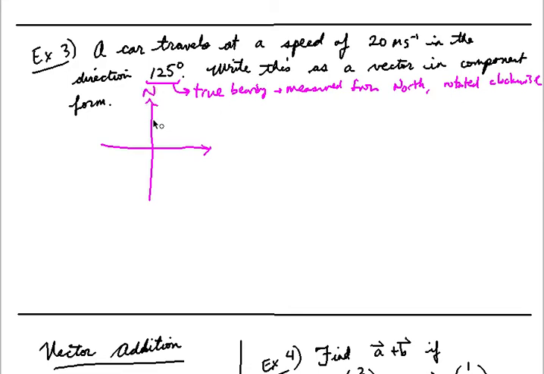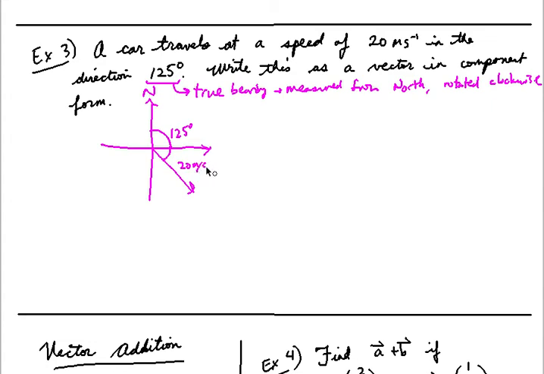Okay, so I'm going to start from north and rotate to 125 degrees. So I'm going past 90. It's 180 over here, so it's got to be somewhere over here. Okay, so this would be 125 degrees from true north. Okay, so that's my bearing.